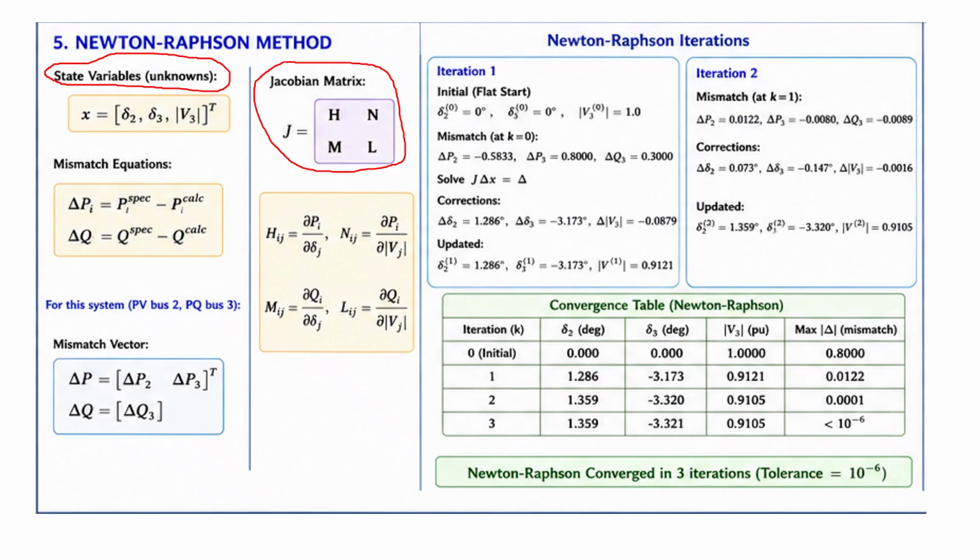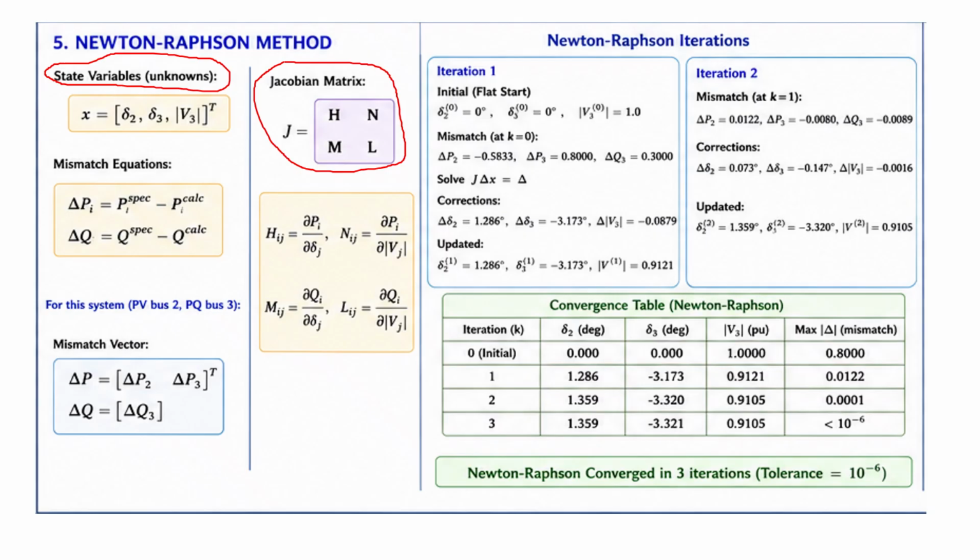Then we'll calculate again the function value at the flat start, and we'll solve the equation. That is, the Jacobian matrix multiplied by the correction factor is equal to minus the value of the function at the flat start. So we can do it like that.